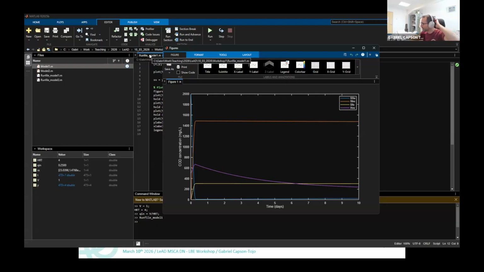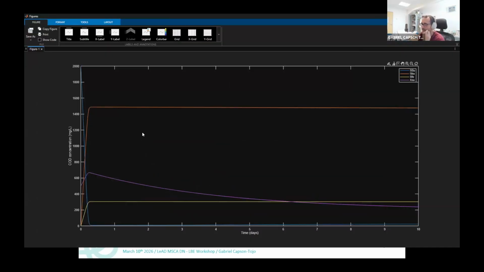Okay, fantastic. So let's analyze our plot then. What this is saying is that from the beginning, we had an initial value of 2000 milligrams per liter, right? That's what we told the model. The concentration of sugar drops rapidly until we have very low values, around 8 milligrams per liter.